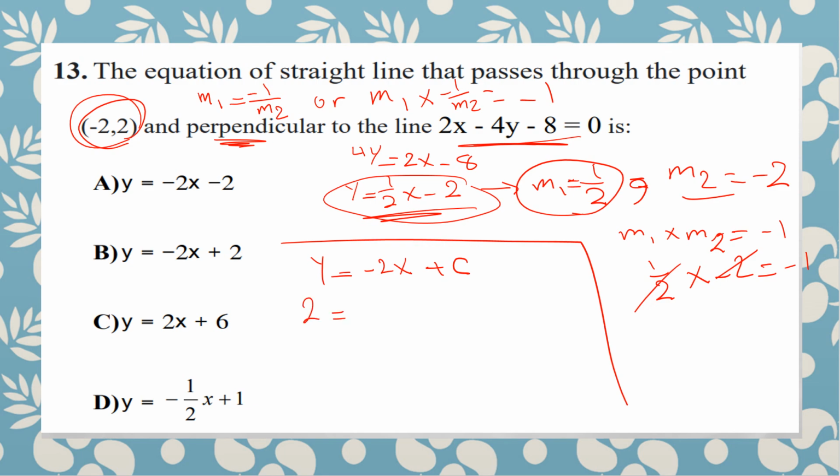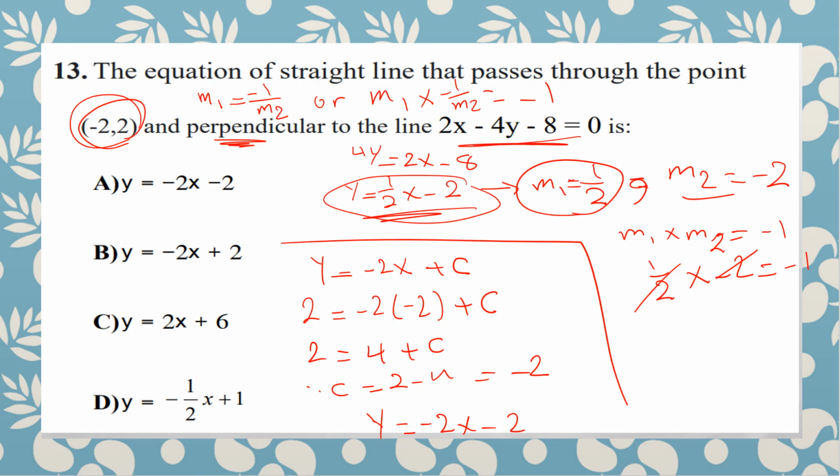So 2 equals minus 2 times minus 2 plus c. This equals 4 plus c. Then c equals 2 minus 4 equals minus 2. And the equation of the straight line is y equals minus 2x minus 2. And the correct answer is A.